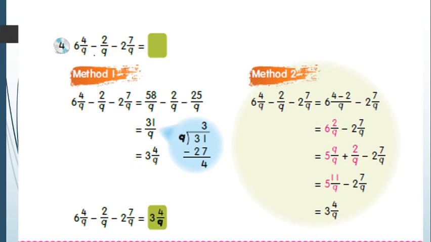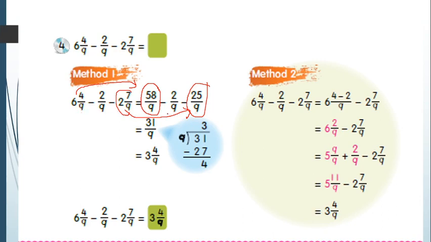Next one, you have this question. 6, 4 over 9 minus 2, 7 over 9. The first method, they change the mixed number into improper fraction. The one thing you should pay attention to here is the denominator.